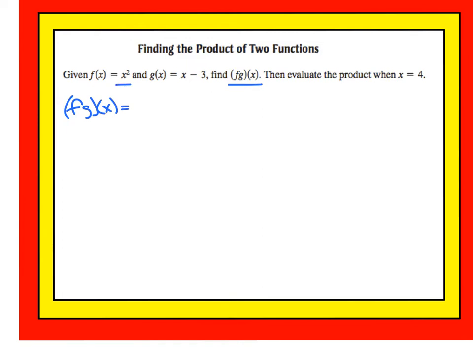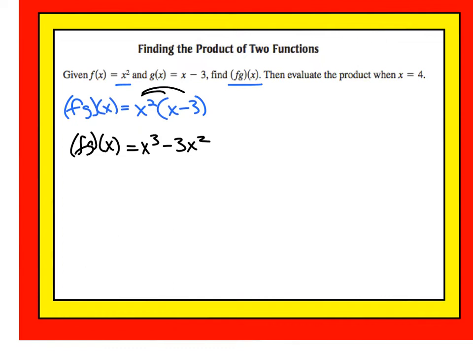My f of x is x squared. My g of x is x minus 3. What do I need to do now? Distribute. So when I distribute, what am I left with? X cubed minus 3x squared. So now I have that as my combination function.